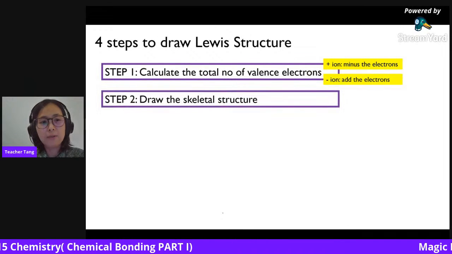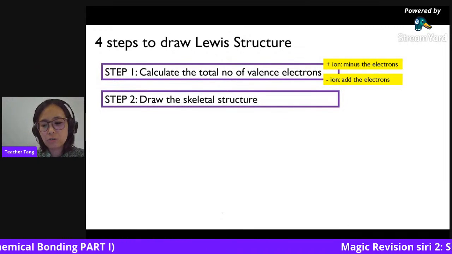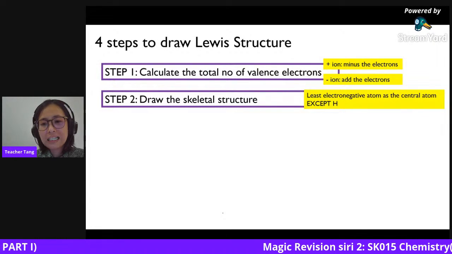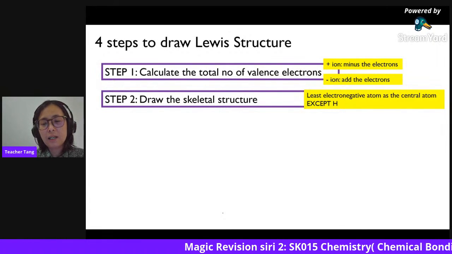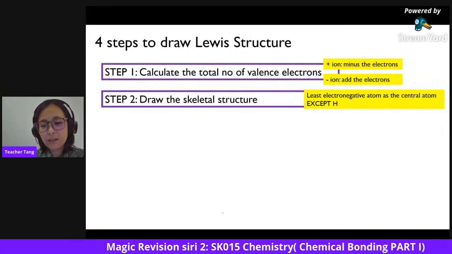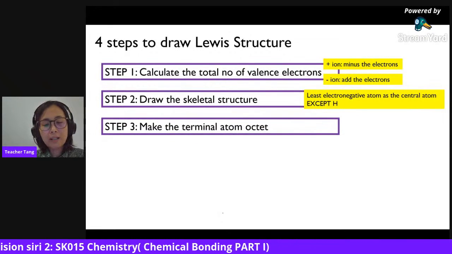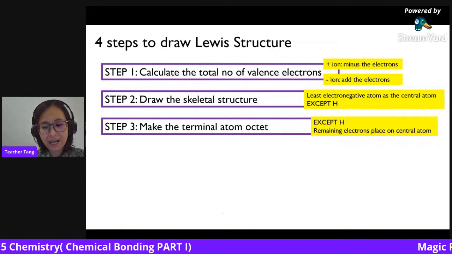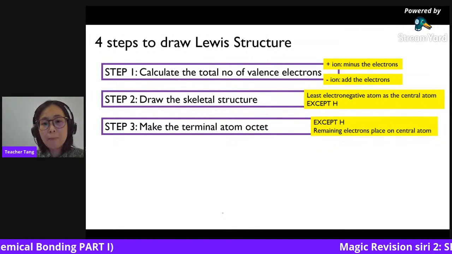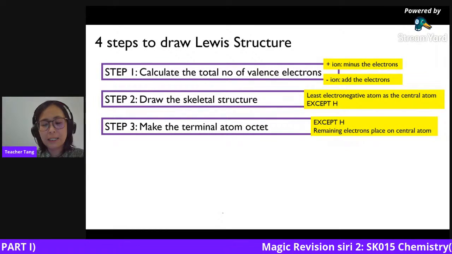So in step number 2, you draw the skeletal structure. The least electronegative atom must be put as the central atom except hydrogen. So step number 3, you need to make the terminal atoms octet except hydrogen, and remaining electrons must be put on the central atom.